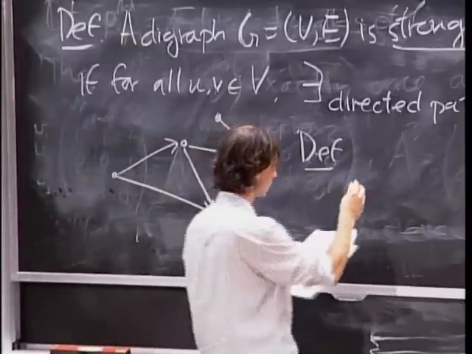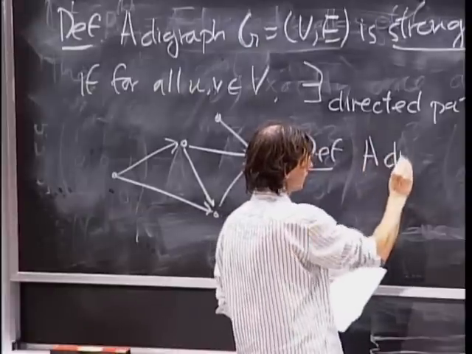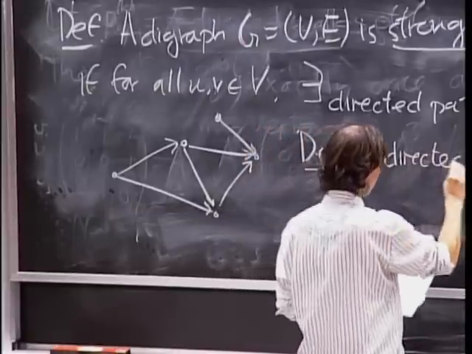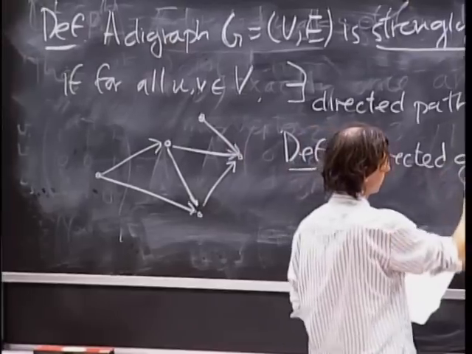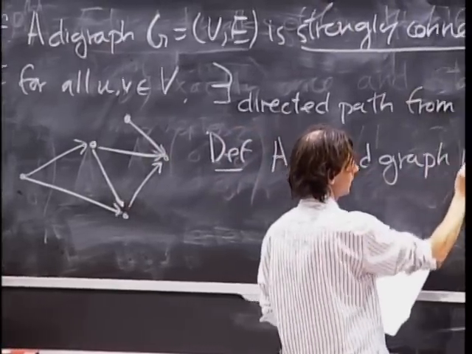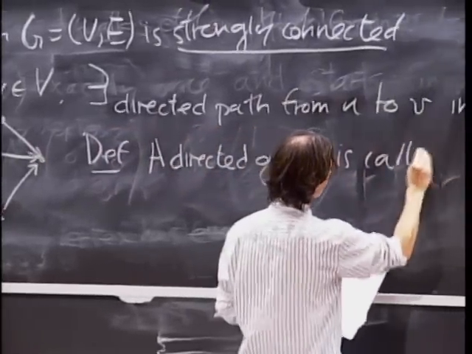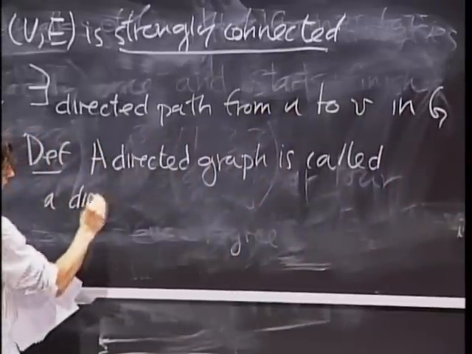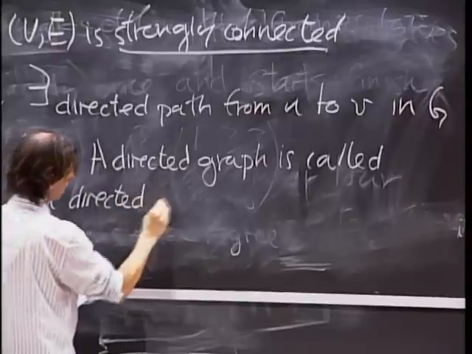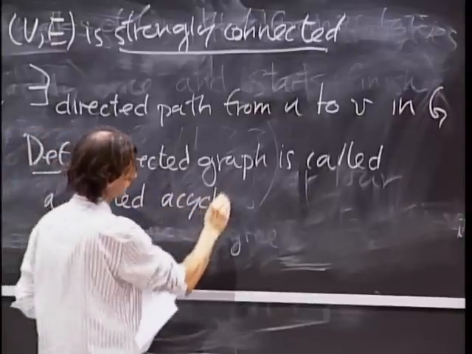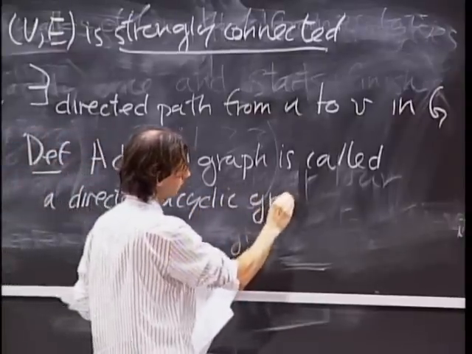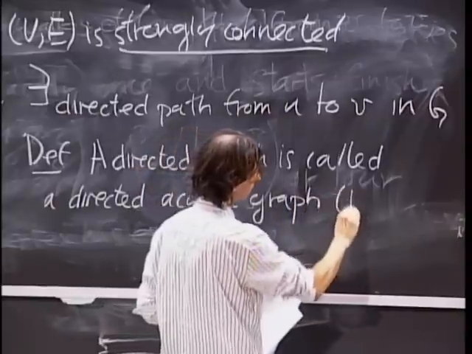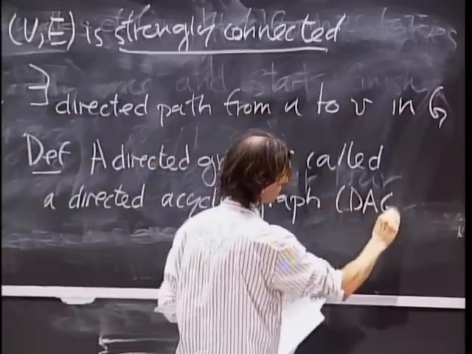Okay, so what's the definition? A directed graph is called a directed acyclic graph, and we abbreviate this by DAG, if it does not contain any directed cycles. We call them DAGs.